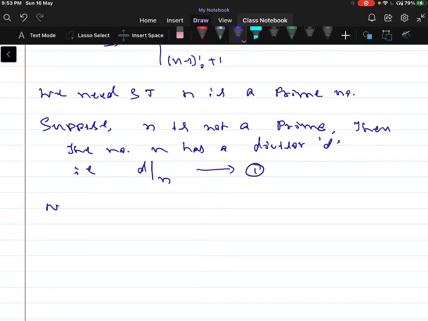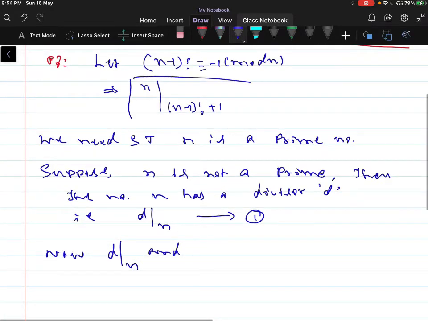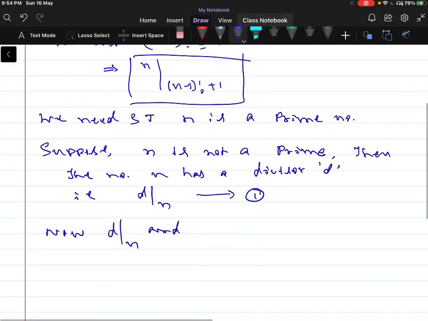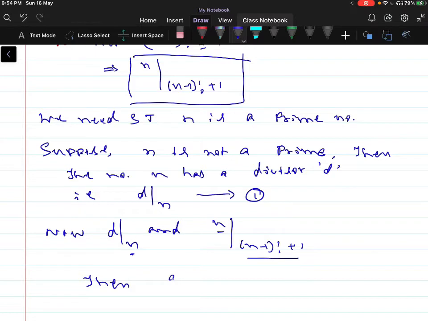Now d divides n, and you know from the statement of Wilson's theorem that n divides (n minus 1) factorial plus 1. So d divides n, but n divides (n minus 1) factorial plus 1, then d divides (n minus 1) factorial plus 1 by using the transitivity relation.